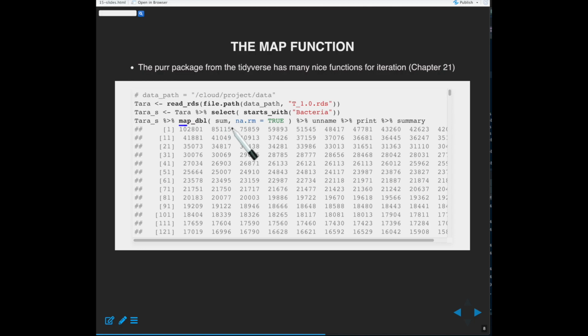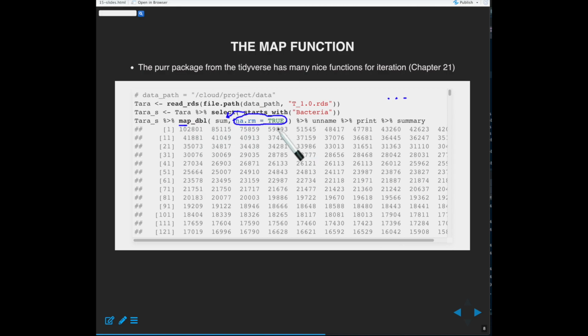Sum takes this other parameter called na.rm, and you need that to be TRUE because there are lots of NAs in this data. map_dbl will pass this part on to the sum function. You'll hear this term sometimes called the triple dot, and that means basically whatever else you pass into map_dbl gets passed as arguments to sum.